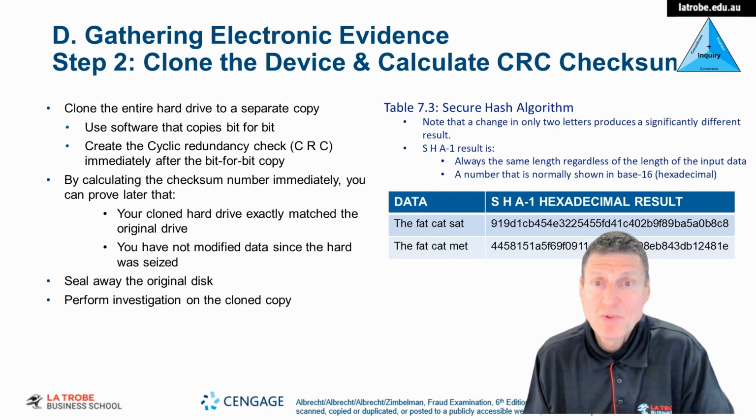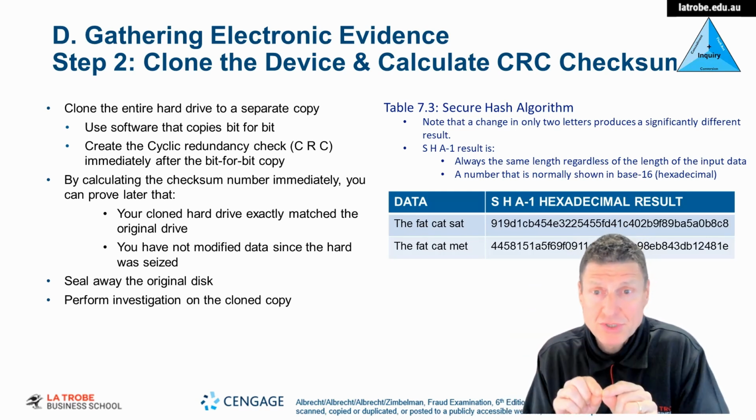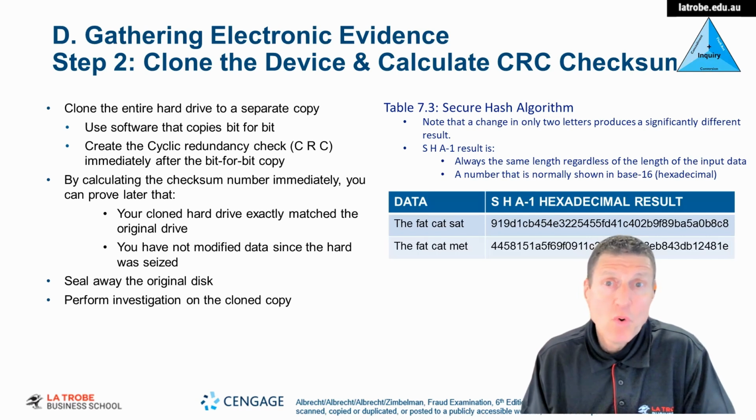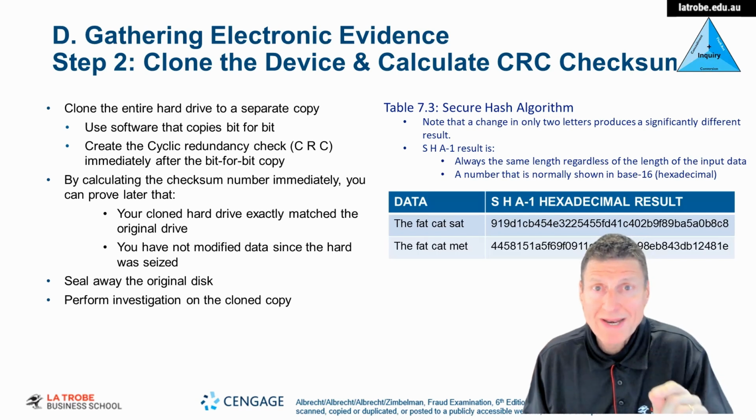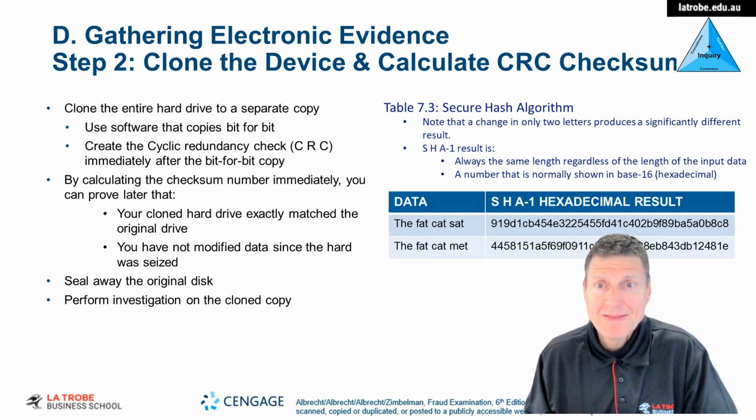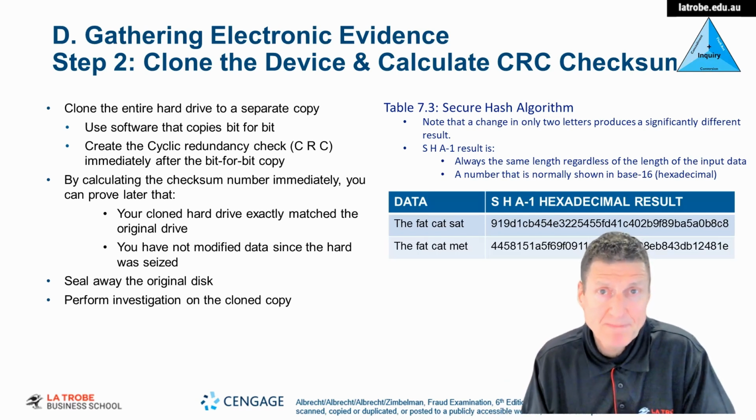In this case, what you see is a SHA-1 result, and that shows you a 40 character hexadecimal result that will change even if you change one letter in the data. And this SHA hash algorithm is the cryptography behind the CRC checksum.